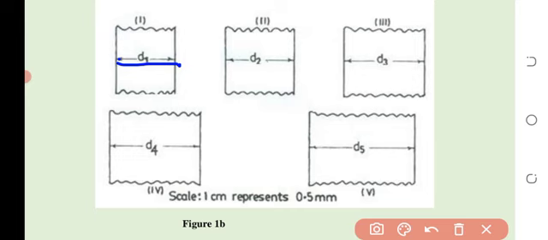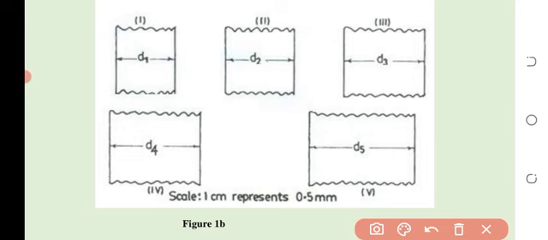Now please, as you can see on the scale, we have 1 centimeter representing 0.5 millimeter here. So when you are dealing with something like this, you are advised to use a ruler that is calibrated in centimeter, after which you are going to convert whatever you measure into millimeter.